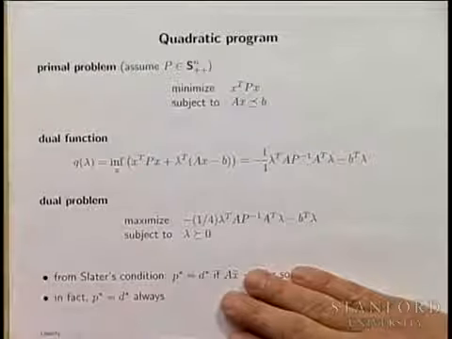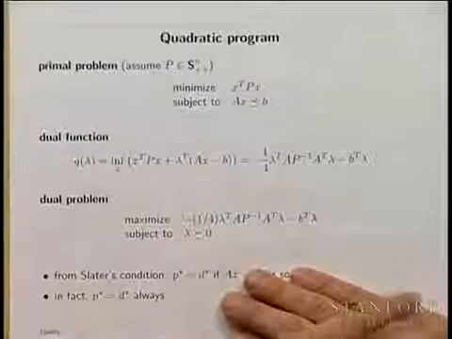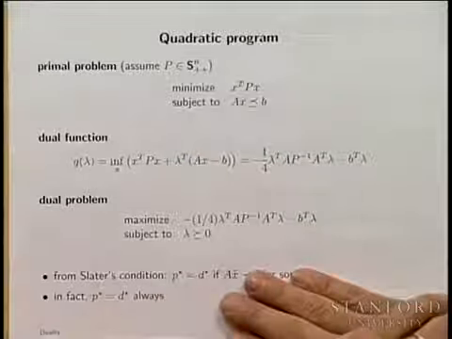I mean, you might get a rather stupid one. For example, you might get the lower bound minus 7. Why is the lower bound minus 7 valid for this problem? Because the objective is always non-negative. But the point is you get a lower bound. So that's the dual problem.